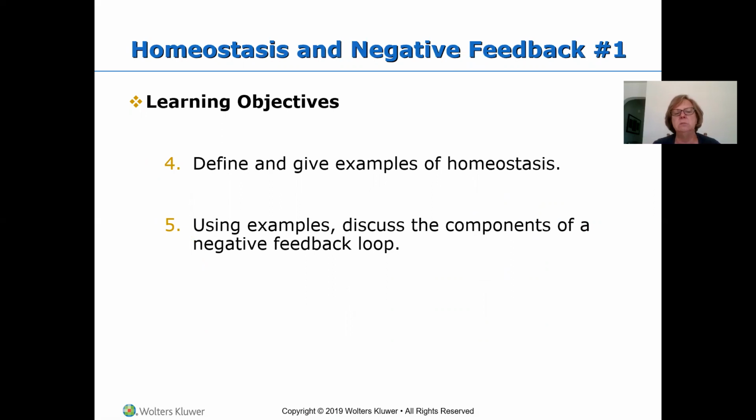Homeostasis is this next section, and it looks at negative feedback, which is much more prevalent in the human body as compared to positive feedback. So some examples of homeostasis might be, say that you are outside in the cold, and your body temperature is lowering as a result of being exposed to the elements.